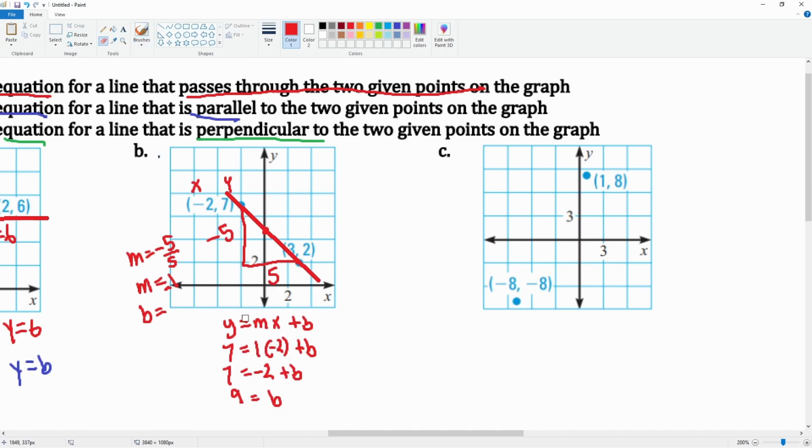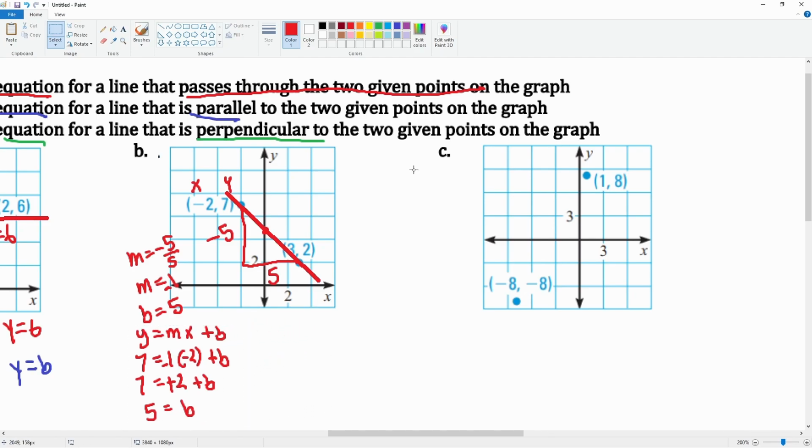So x here, and this is negative 1. And this becomes a positive 2, minus 2 to both sides. This becomes a 5. Okay, perfect. So the equation, I'm just going to move this over to this side here. The equation would be y is equal to the slope negative 1, x plus 5.